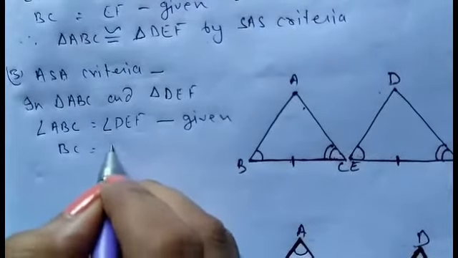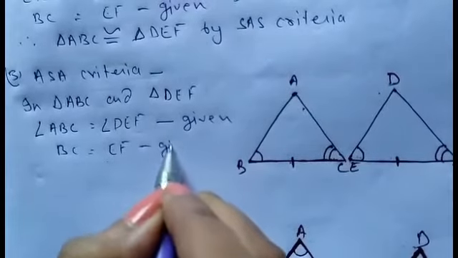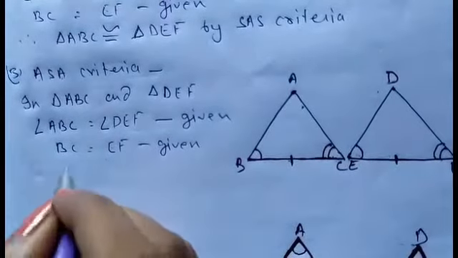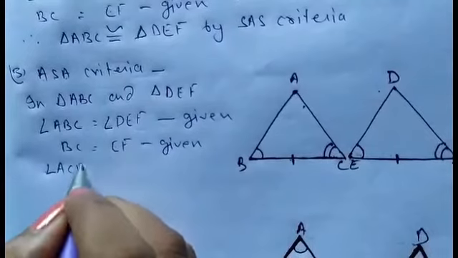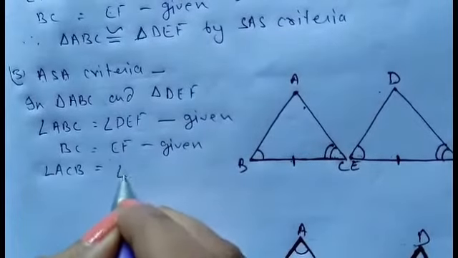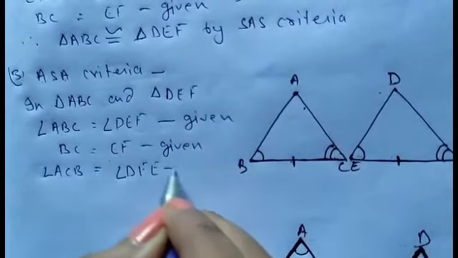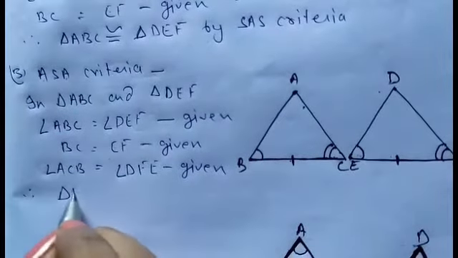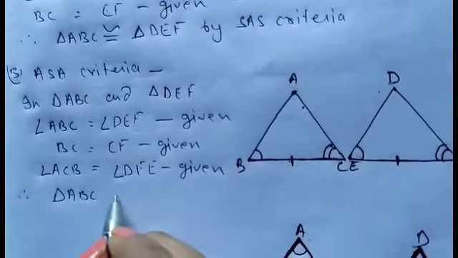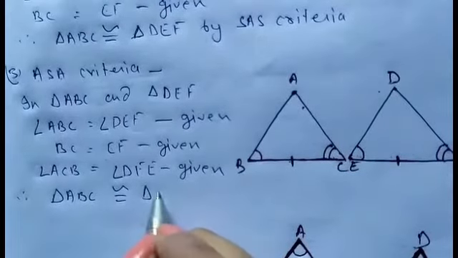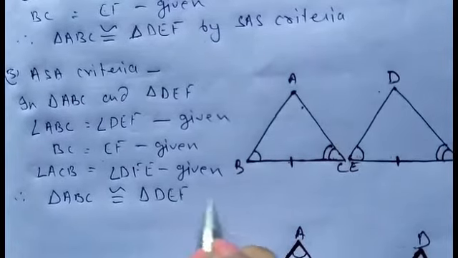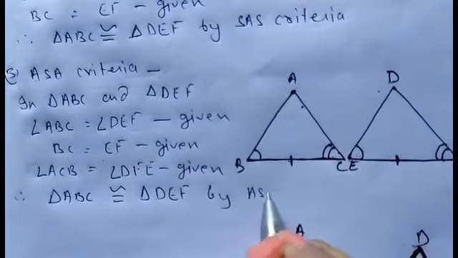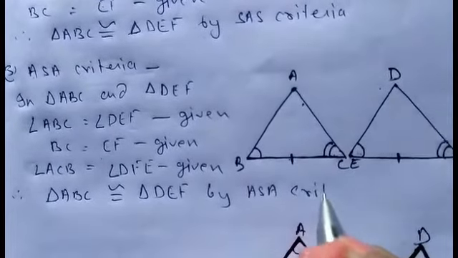BC is equal to EF, given. Angle ACB is equal to angle DFE, given. Therefore, triangle ABC is congruent to triangle DEF by ASA criteria.